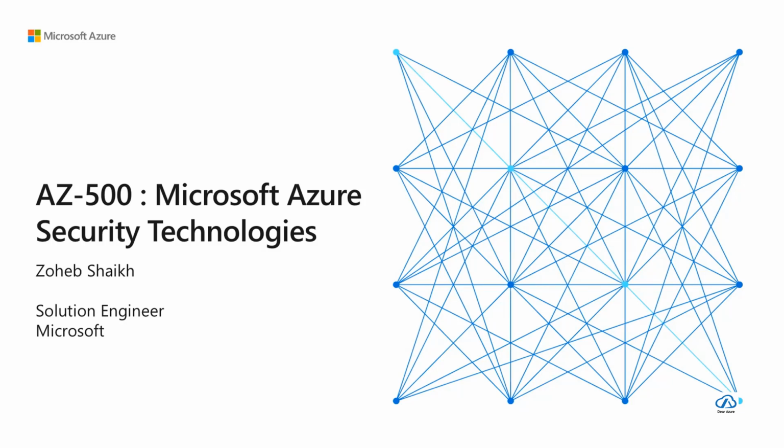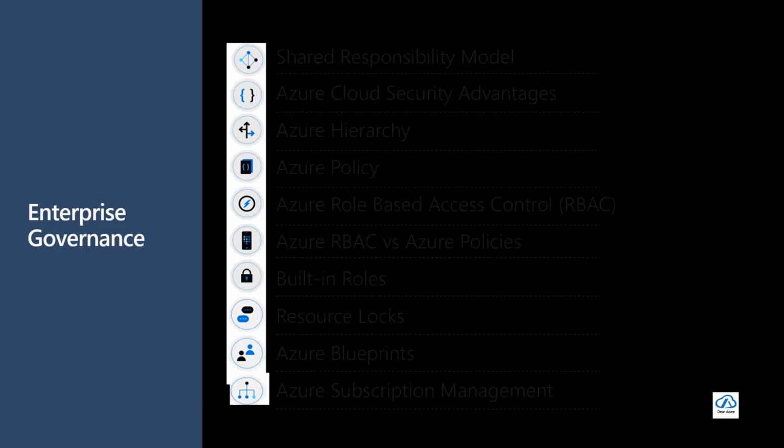What is the difference between administrative units and management groups? Good question. You will use administrative units for segregating different users and groups based on locations or whatever, and you define who has rights to those users.